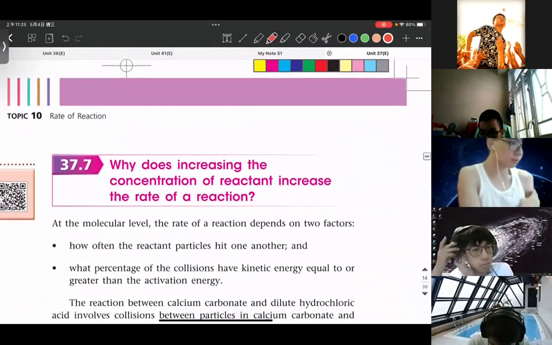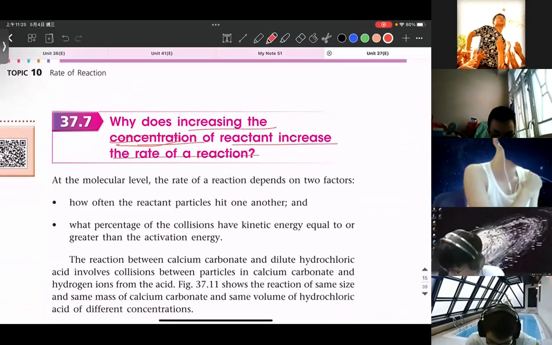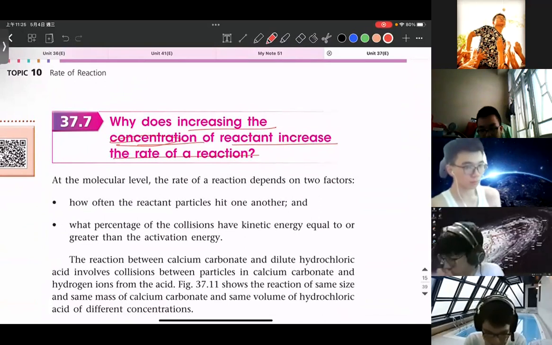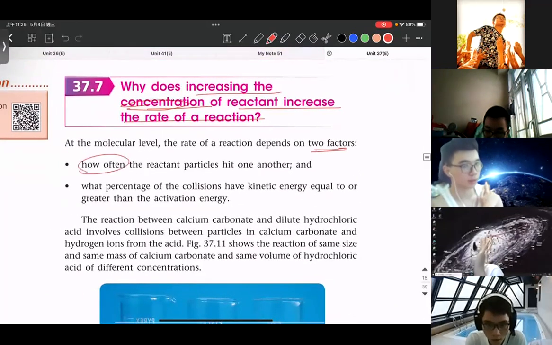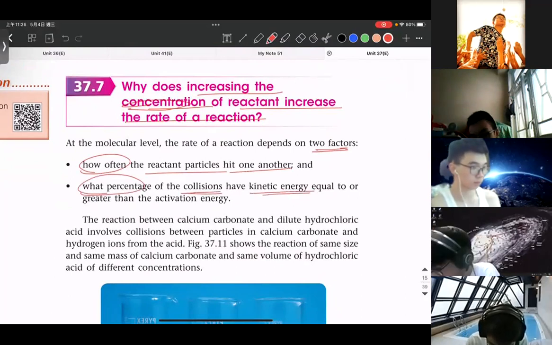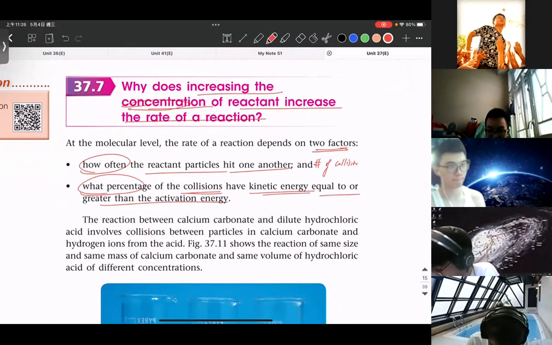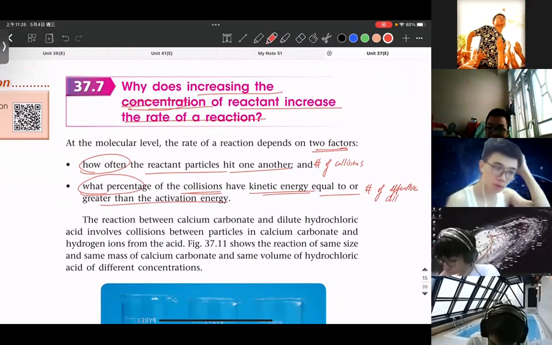So go back to the concentration. Why does increasing the concentration of the reactant increase the rate of reaction? At the molecular level, the rate of the reaction depends on two factors. One is how often the particles hit one another. And second, the percentage of collisions that have kinetic energy equal to or greater than the activation energy. The first is the number of collisions, while the second is the number of effective collisions.